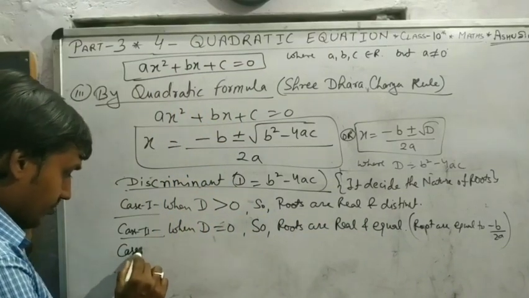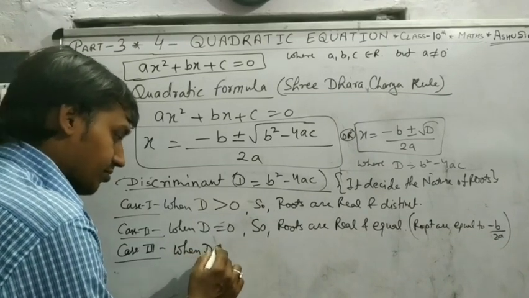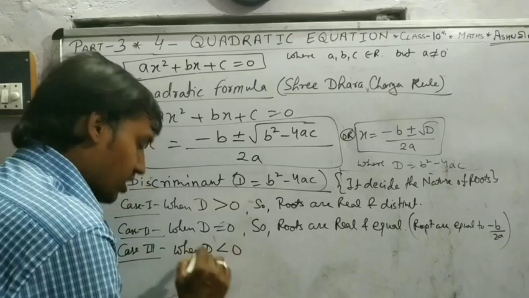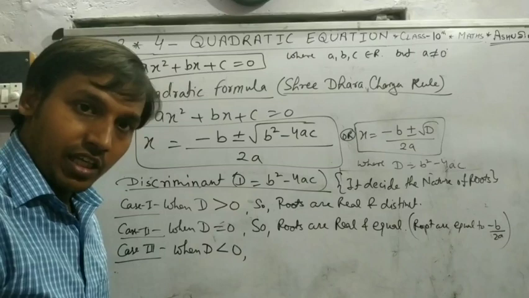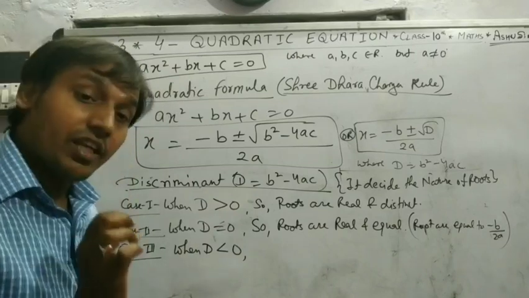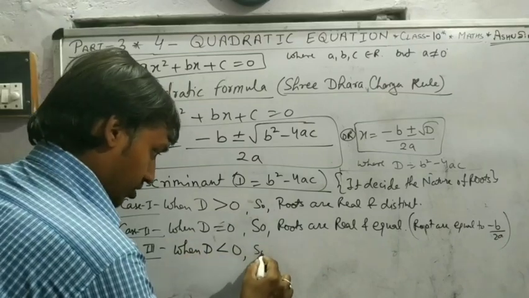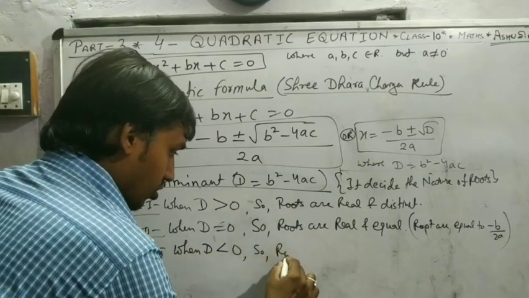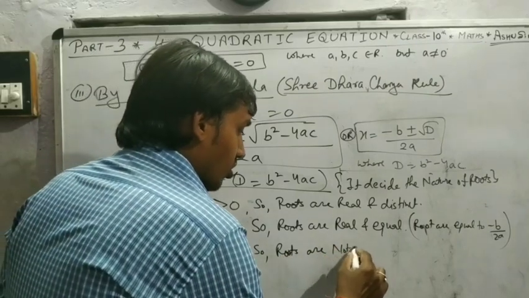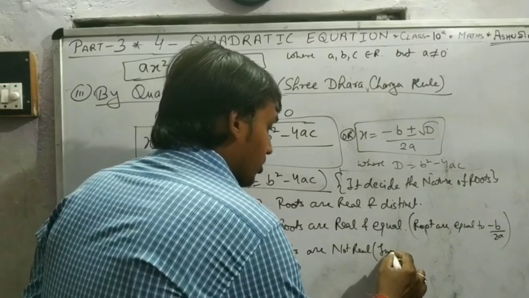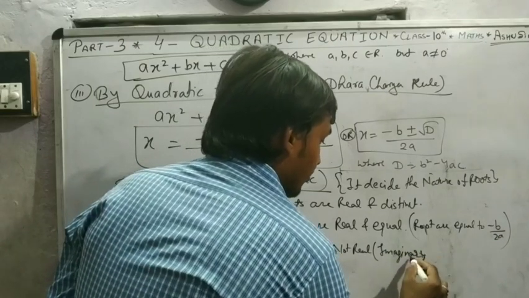Case third, when d is less than 0. Means when you find the value of d and d gives a negative value, so roots are not real. It means you can say that they are imaginary roots.